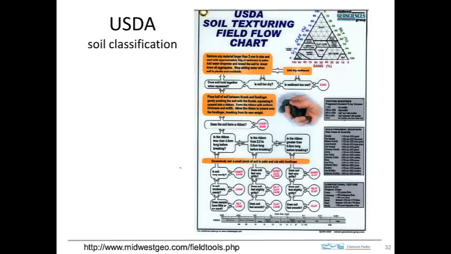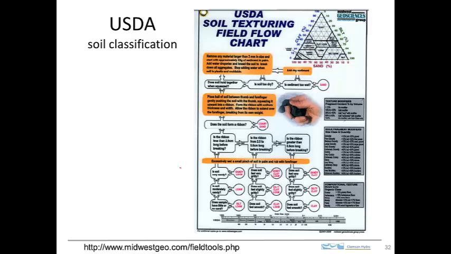Okay, so the USDA classification has fewer classes than the USCS, and I think it's a little bit more straightforward to do. With the USCS, there are a lot of classes, and it can be difficult to decide between two classes.